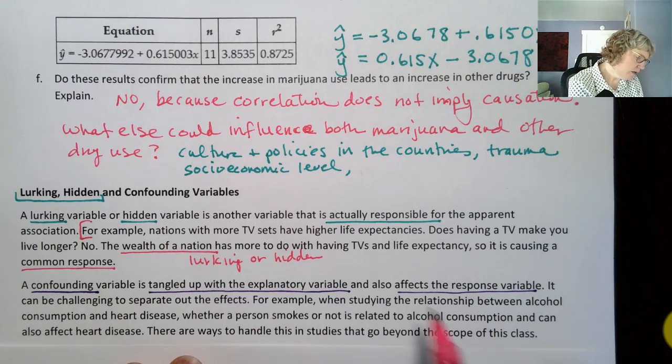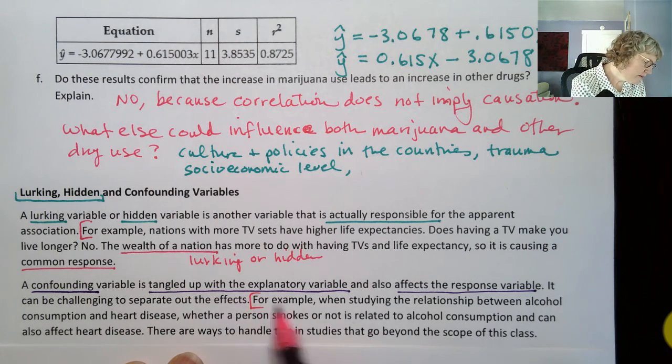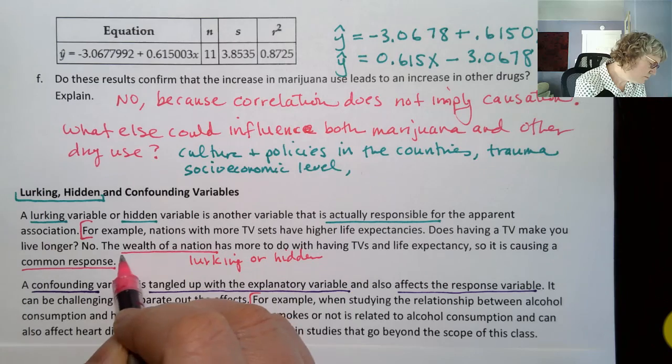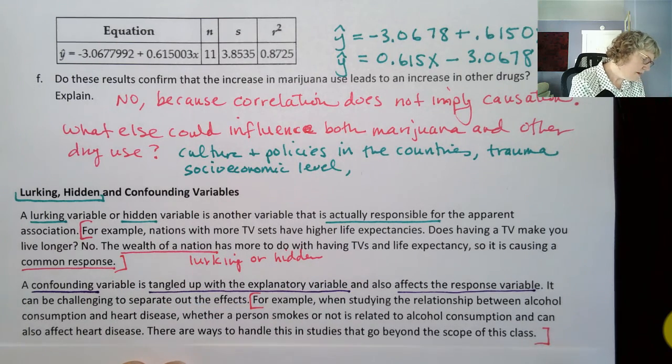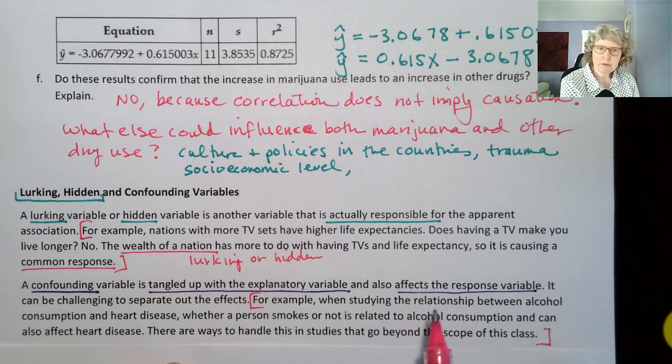So here's an example. Let me put brackets around this example. For example, when studying the relationship between alcohol consumption and heart disease, whether a person smokes or not is related to alcohol consumption, and it can also affect heart disease.